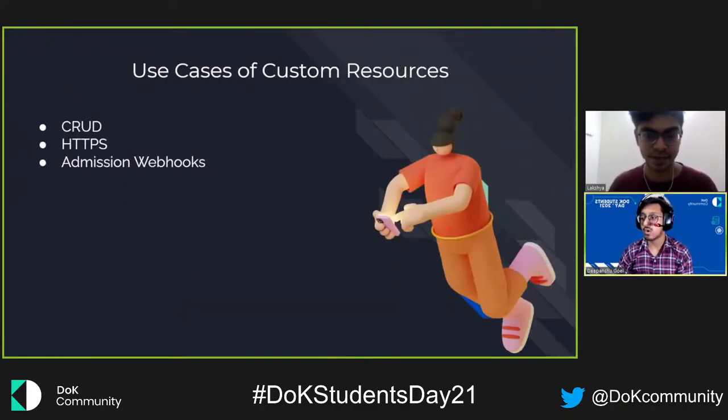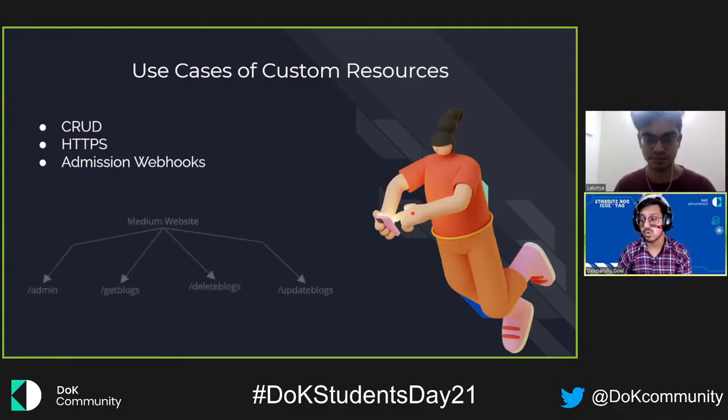When we talk about the use cases of custom resource definitions, we have three top-notch use cases: the CRUD operations, the HTTPS server, and the admission webhooks. Let us again take an example of the Medium website. You are the admin of the Medium website, and you want to get blogs, delete blogs, or update blogs that you have written.